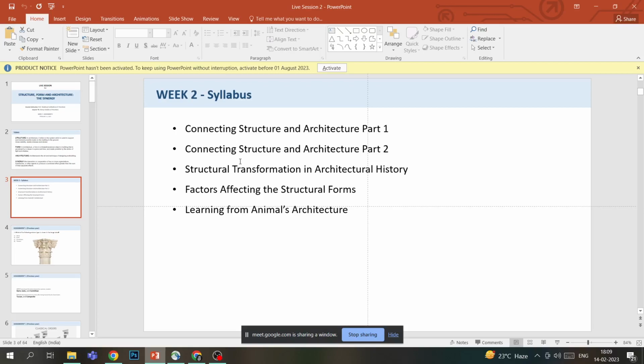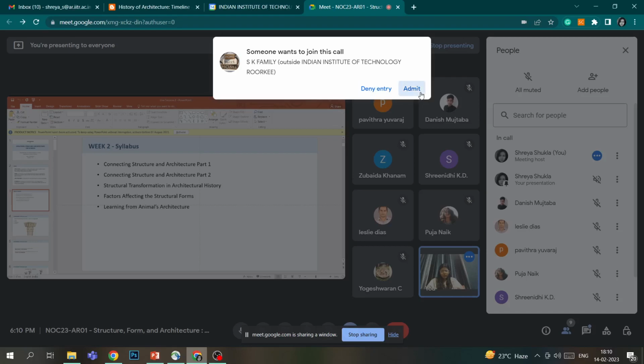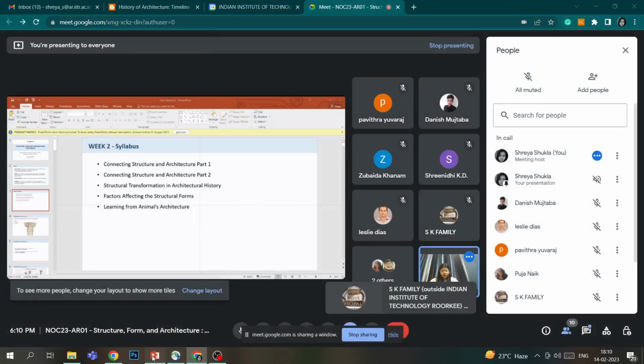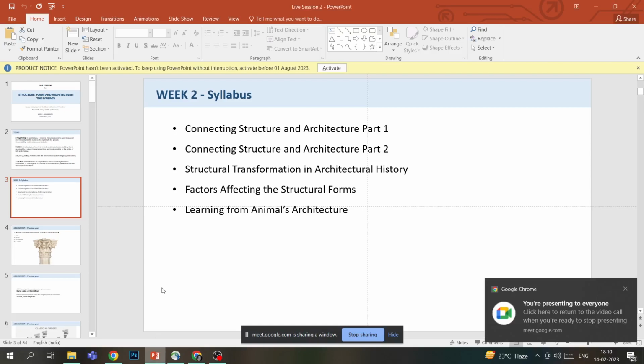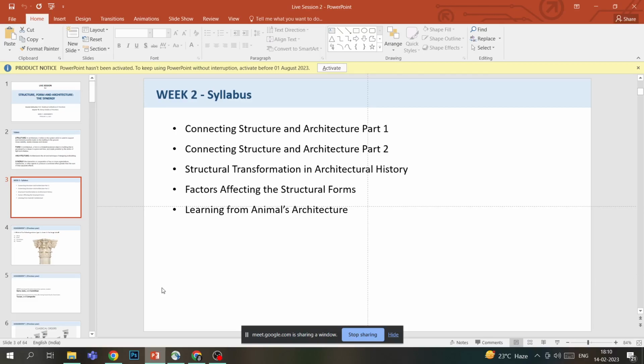So it has covered prehistoric, Egyptian, classical, Byzantine, Romanesque, Gothic, Renaissance, Baroque, Rococo, Neoclassicism, Art Nouveau, Beaux Arts, Neo-Gothic, Art Deco, Modernist style, Postmodernism, Neo Modernism, and Parametricism.